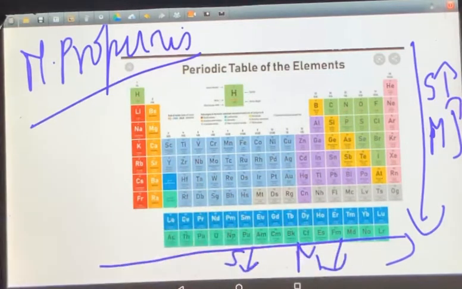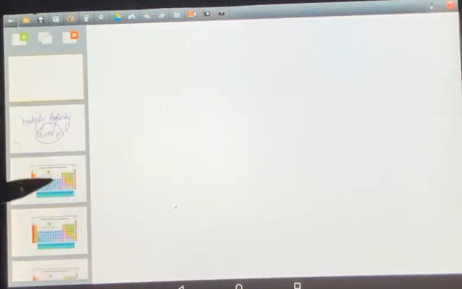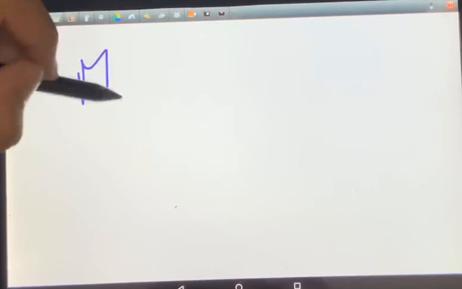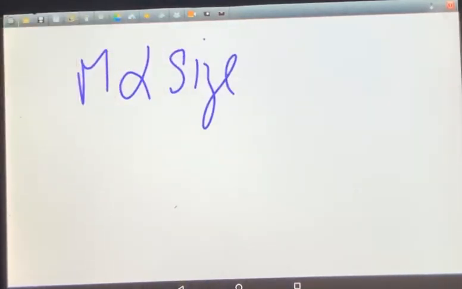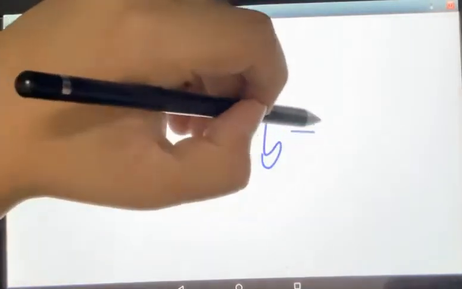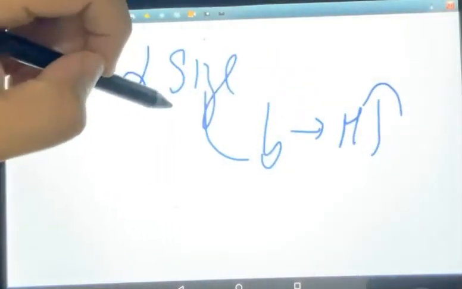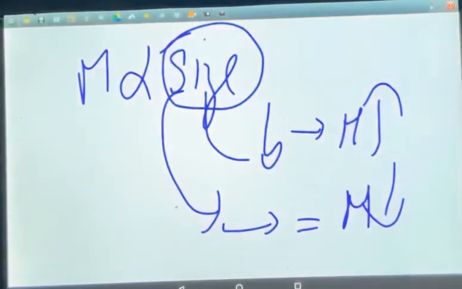So hence the final result which we can give here is that metallic character is proportional to the size. Okay, metallic character is proportional to the size, and that's why down the group it increases, and left to right in a period metallic character will decrease based on the size alone. Okay.